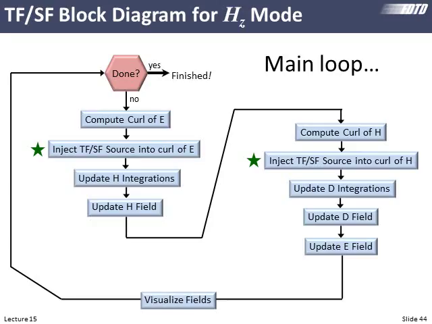For the HZ mode, it looks almost exactly the same. The corrections for the total field scattered field come after the curl calculations.